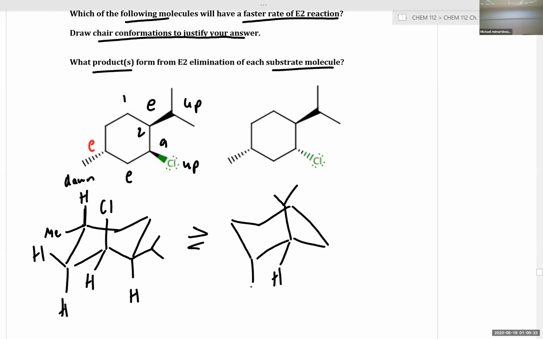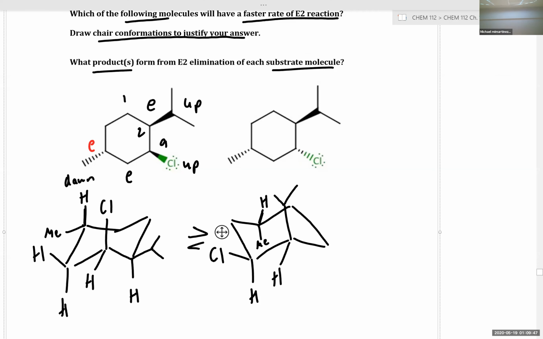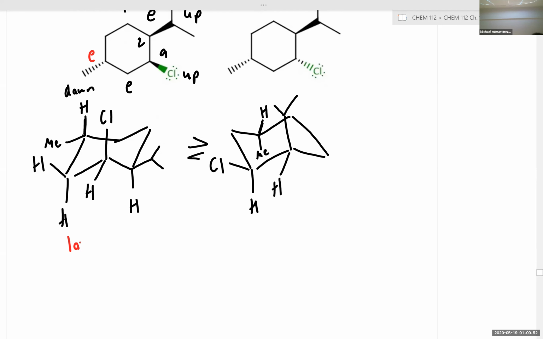Now, would we ever have an isopropyl group in the axial position? Are we ever going to see an axial isopropyl group in most cases? No. So this conformation is lower energy, and it's the reactive conformation.